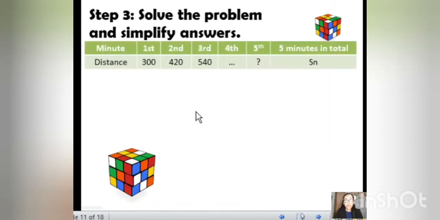So the table again here, we have the minute and then the distance. For the first minute, we have 300 meters. Second minute, 420 meters. Third minute is 540 meters. So we will find the total distance traveled by that car in 5 minutes.